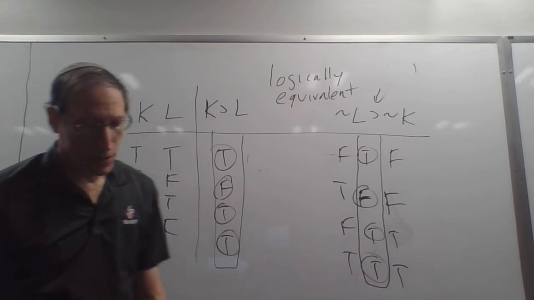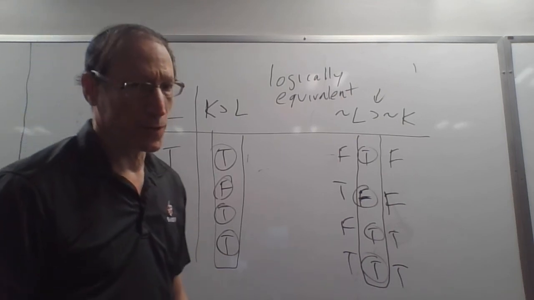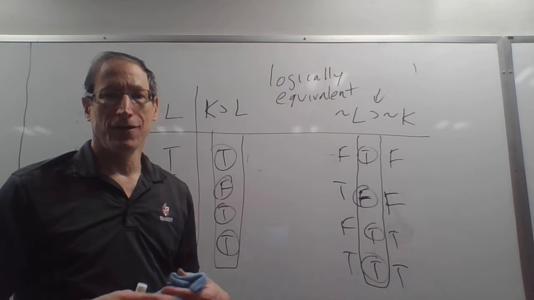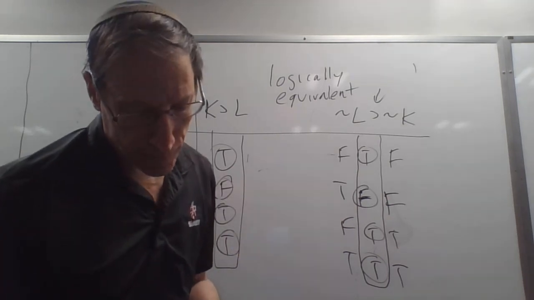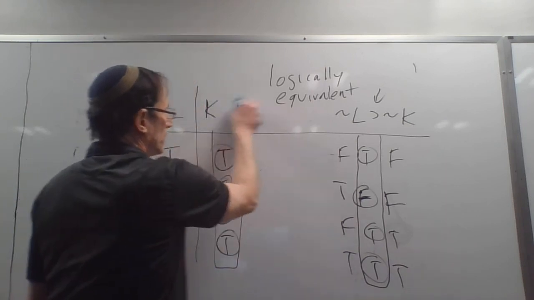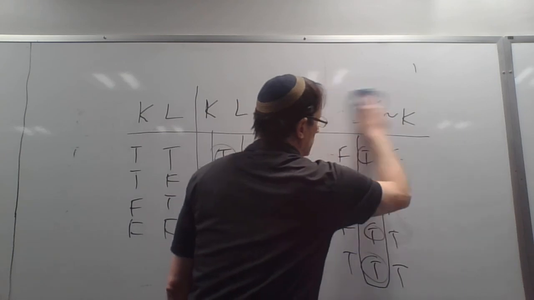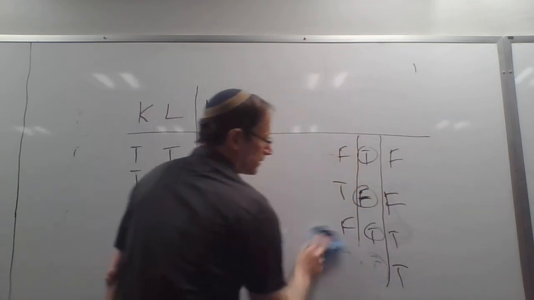Okay, and then the other possibility is contradictory. It could be that you end up with two statements that have the exact opposite values. Let me show you that one. Again, this is illustrated very clearly in the book, but I'm going through it.